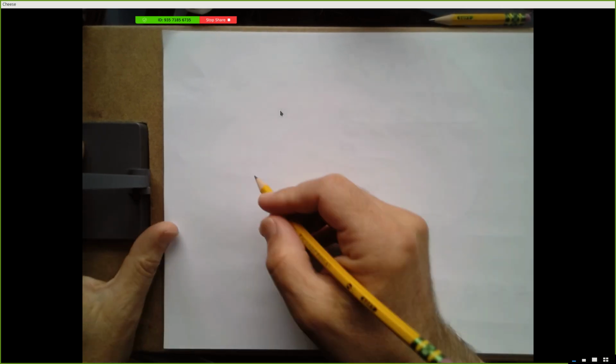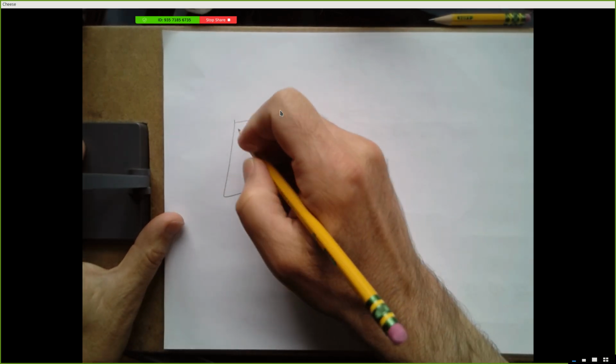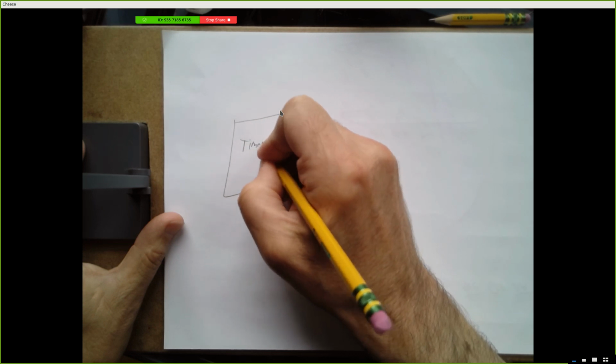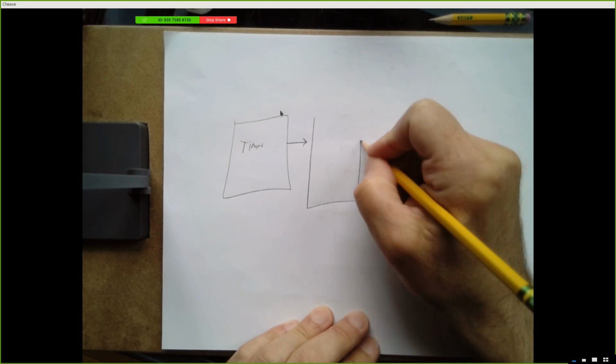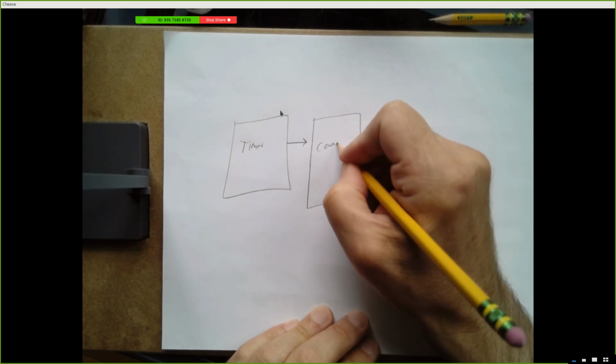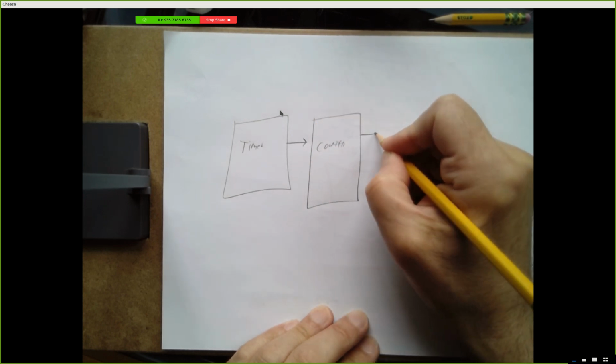But what you could do is something more like a block diagram, right? Have a timer, and that sends an output into a counter, right?